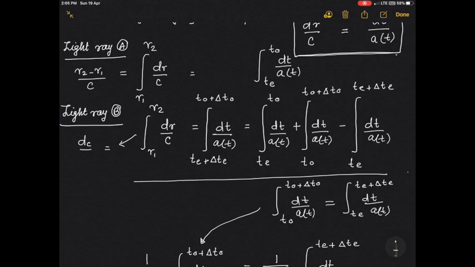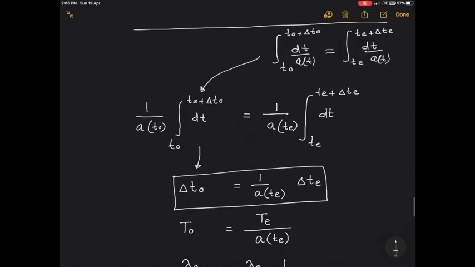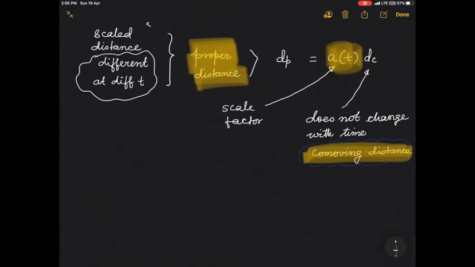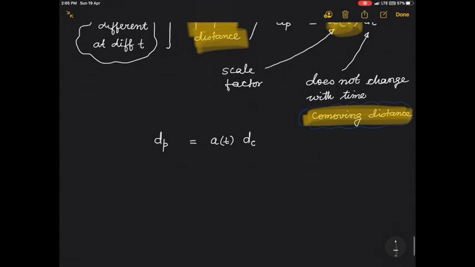R2 minus R1 is nothing but the co-moving distance, so I can write dc by c. So what is it that I have got from the FLRW metric? I have got that the proper distance is equal to a function of time times dc.